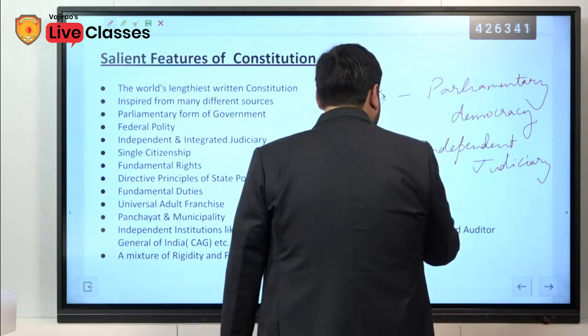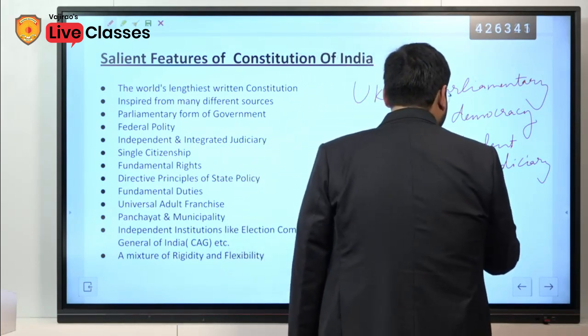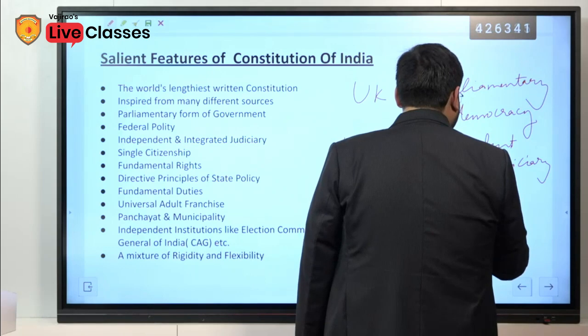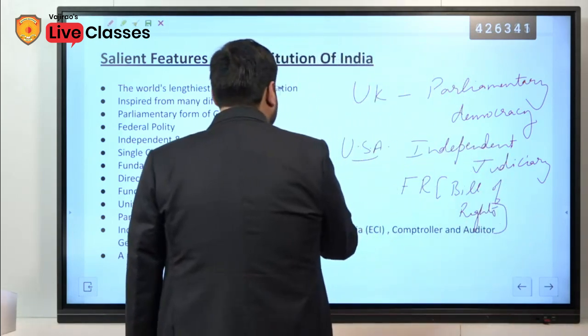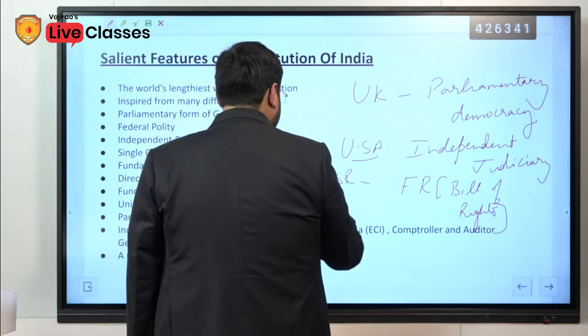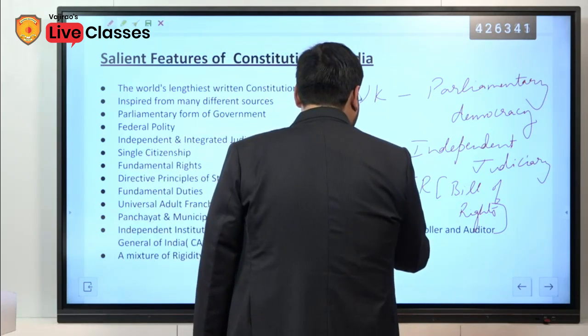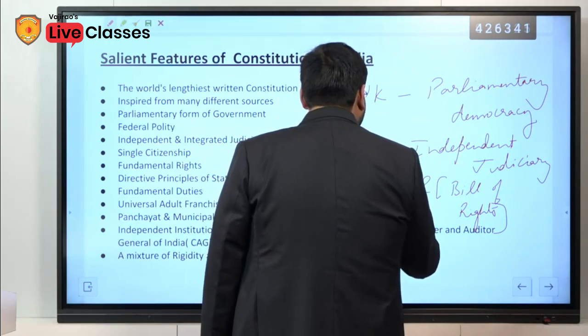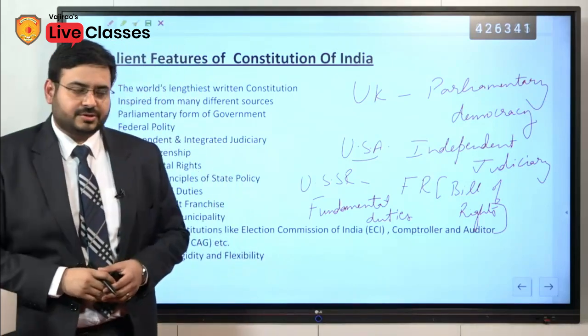From USA we also have fundamental rights, which the USA calls the Bill of Rights. We call it fundamental rights, USA calls it the Bill of Rights. Similarly, from USSR we adopted the concept of fundamental duties. So this is how the Constitution is inspired from various sources.